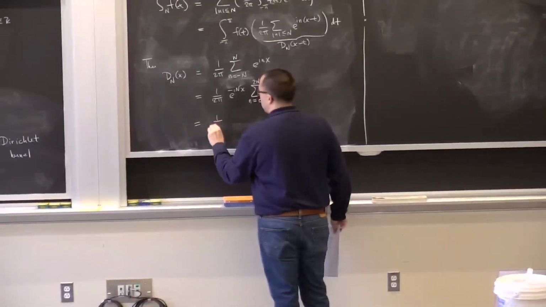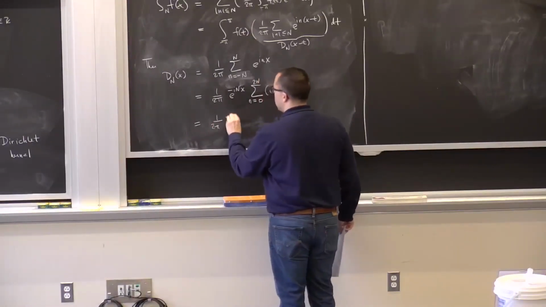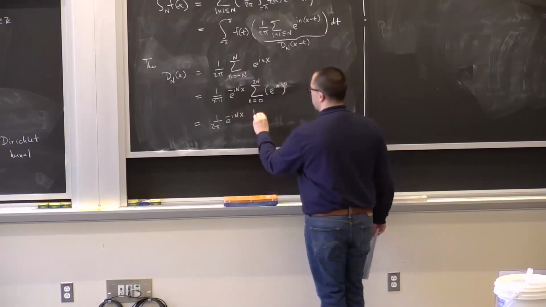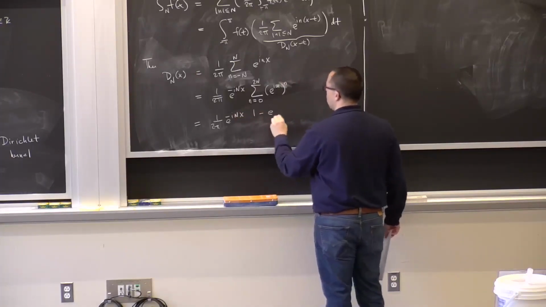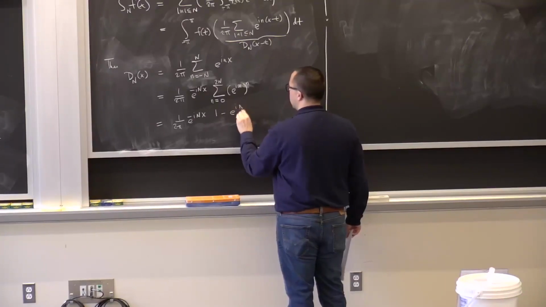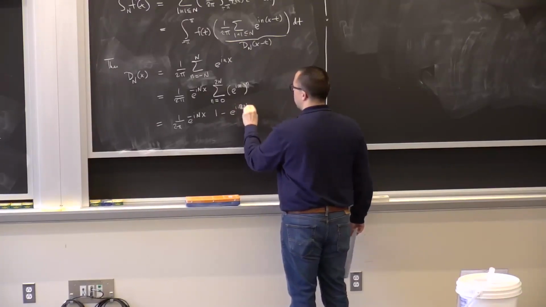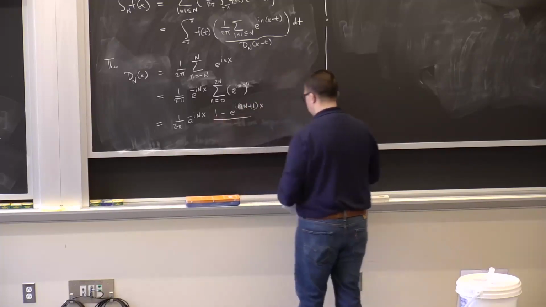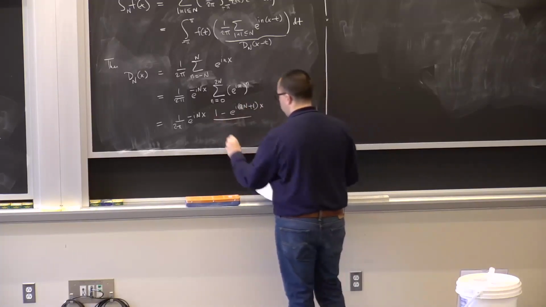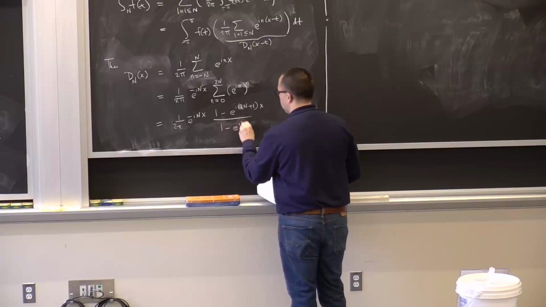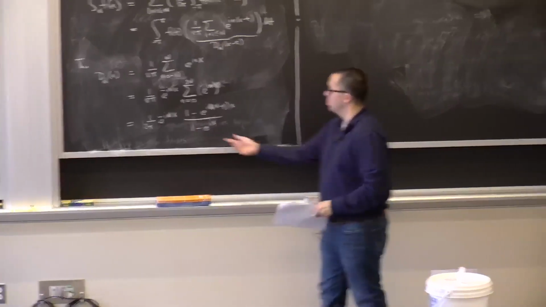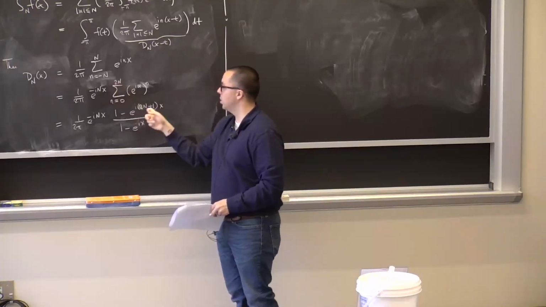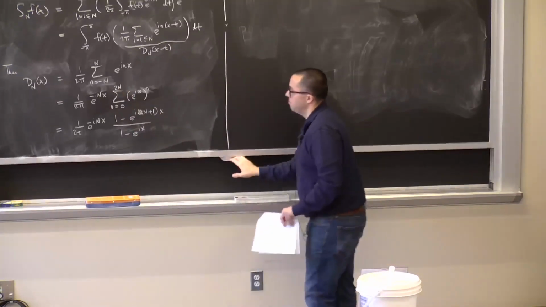This is equal to 1 over 2 pi times e to the minus i N x times 1 minus e to the i (2N plus 1) x over 1 minus e to the i x, the thing that's appearing here. All right, 2N plus 1, the thing that appears on top, plus 1. Okay?